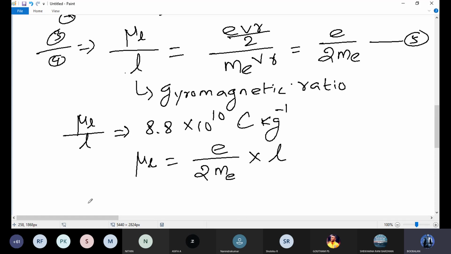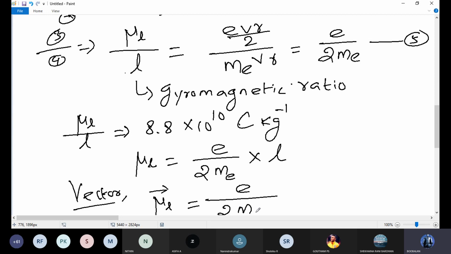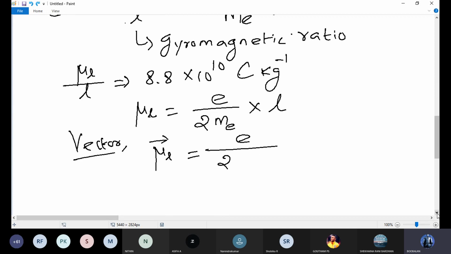And in vector form, mu L vector is equal to minus e divided by 2 m e, mass of electron, into L vector. So this is the vector form, and we should mention the minus also.